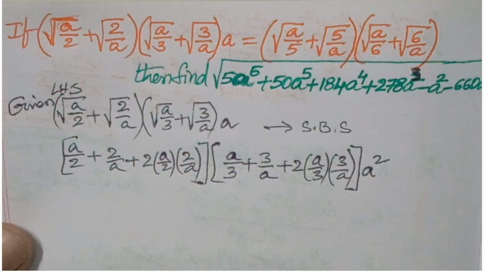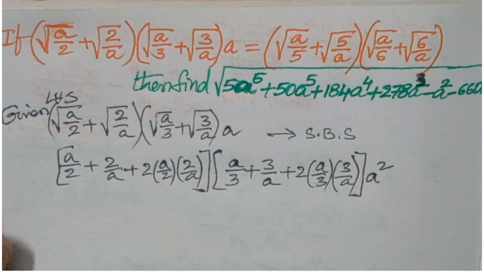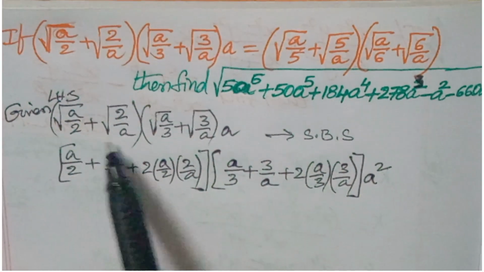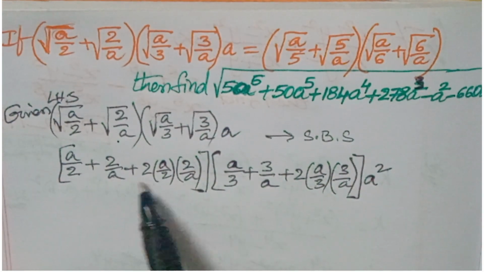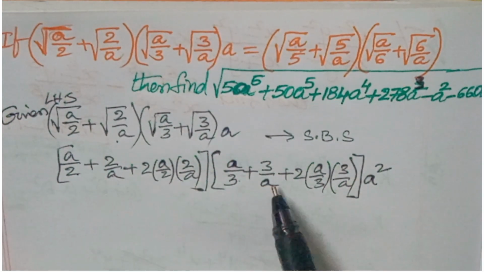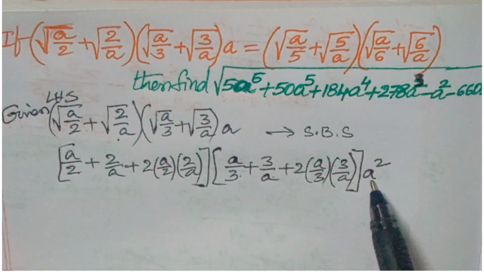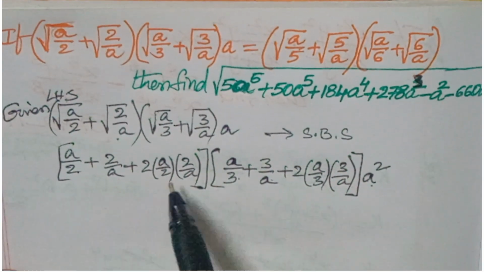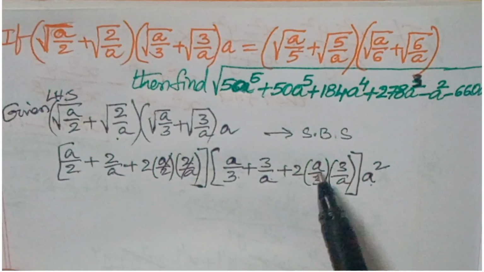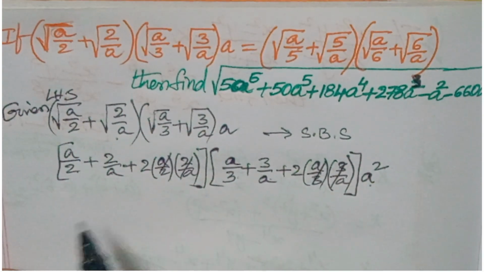So this is the squaring on both sides, and these two terms will get cancelled.